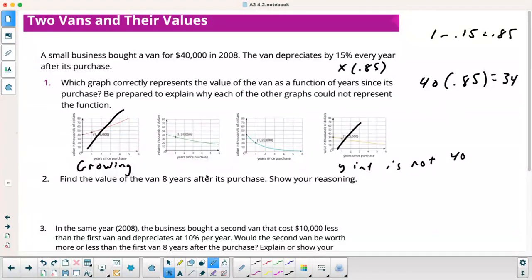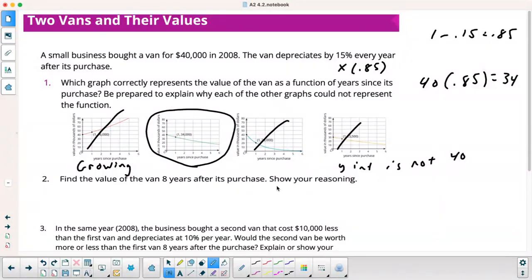So at 1, we should have 34,000. So right there, that would make sense. So that's out. So this would be it. Okay. So be prepared to explain. I kind of went through that a little bit there and mentioned it as I went.